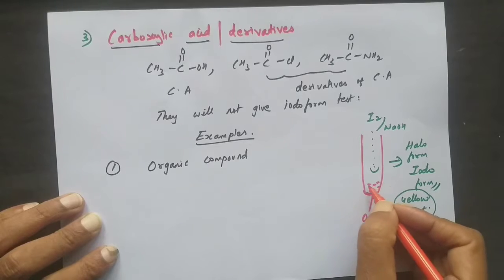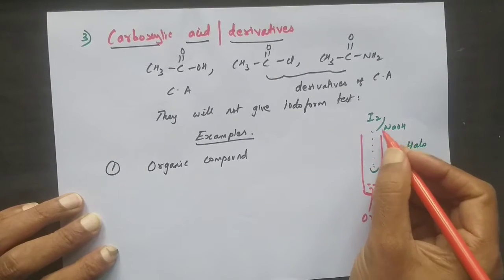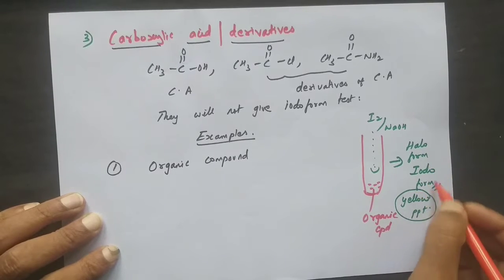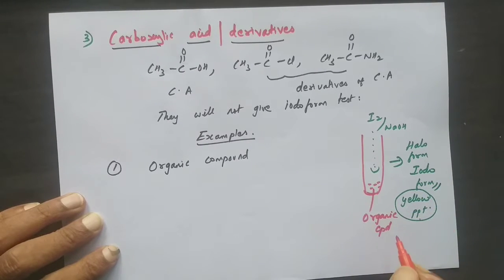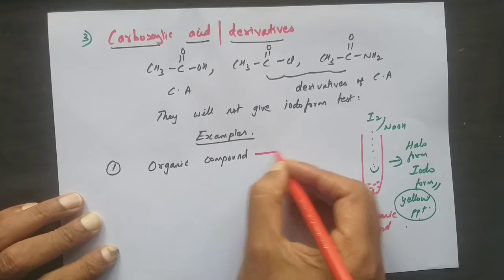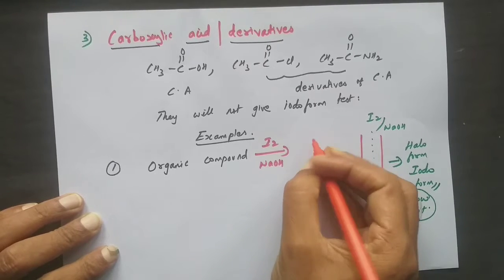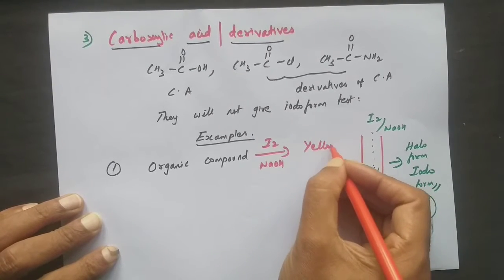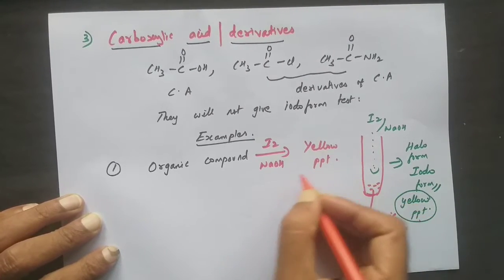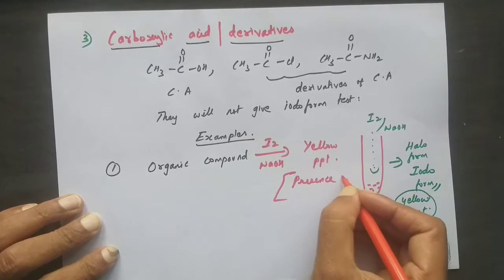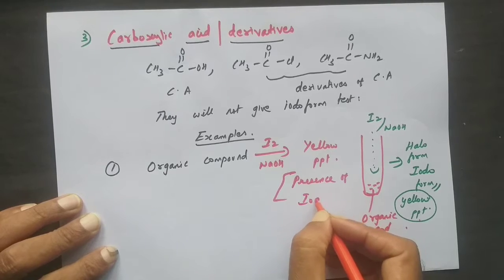So take the organic compound, add NaOH and pass iodine. If iodoform is formed, you will find a yellow precipitate there. So if an organic compound in the presence of I2 and NaOH gives a yellow precipitate, it indicates the presence of iodoform.